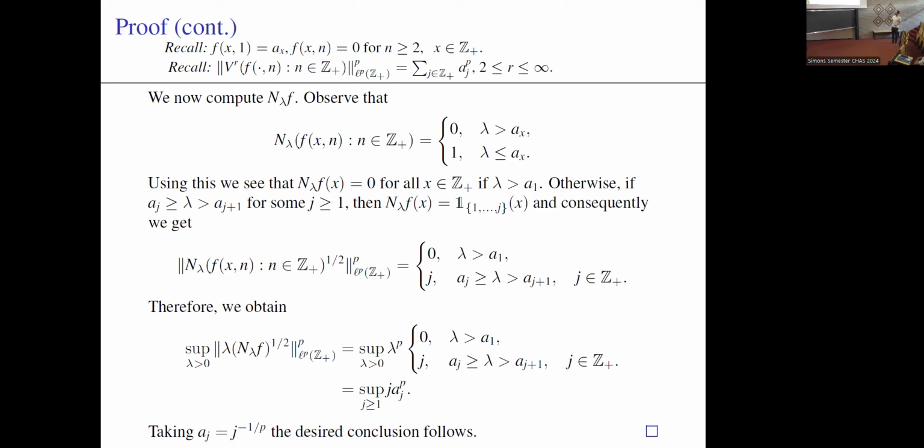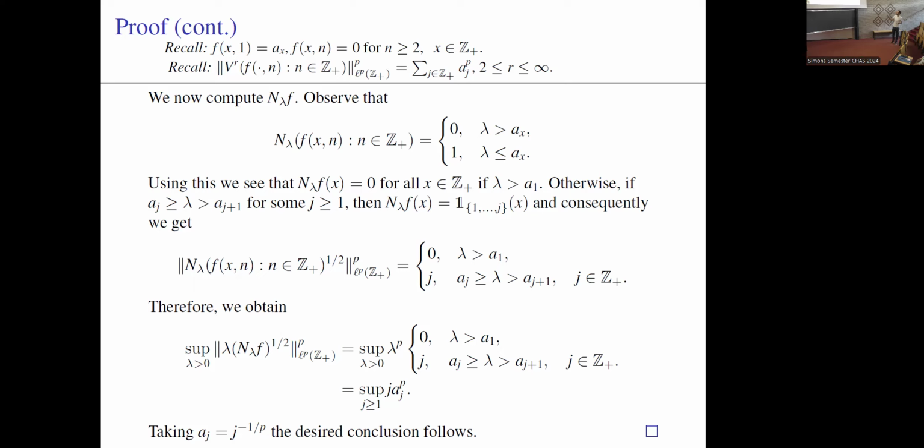On the other hand, if lambda is in between a_{j+1} and a_j, then we count lambda jumps only on the variables which are at most j, because for the j-th coordinate we have a jump of height at least lambda. The same happens for a_{j-1}, a_{j-2}, and so on up to a_1. So if lambda is between those two points, we have a jump of height at least lambda for x's which are at most equal to j.